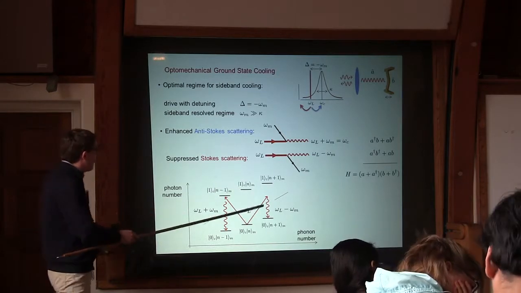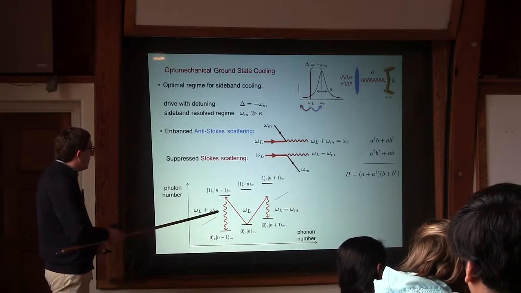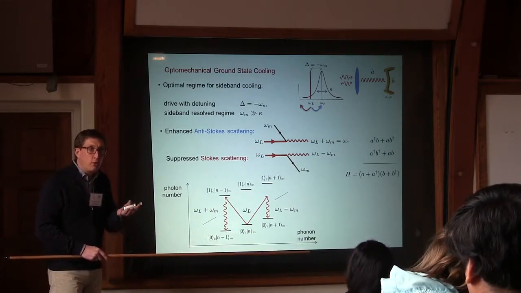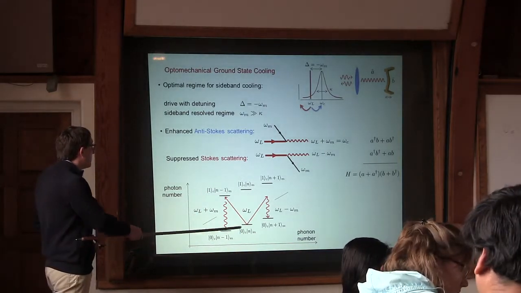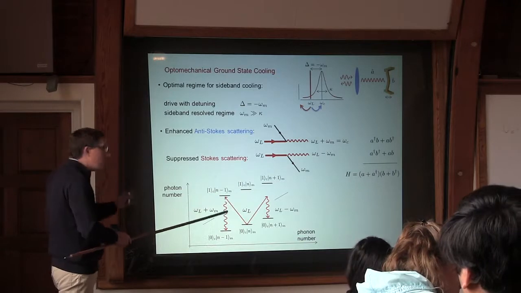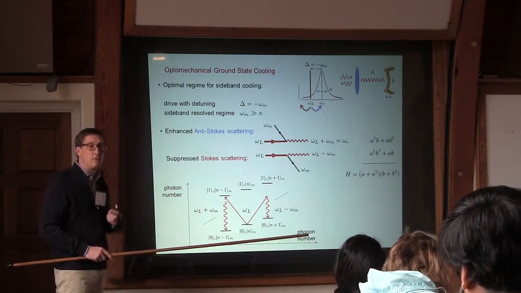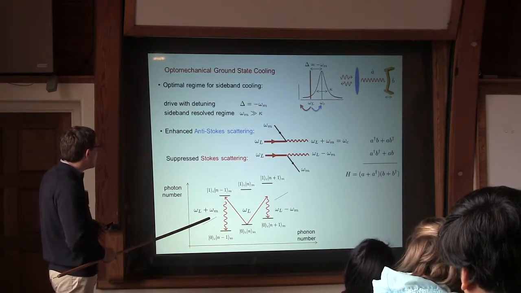And this level diagram really explains not only the cooling but also the quantum limitations. So this cooling of course has certain quantum limitations, and this can be understood on the basis of this level diagram, and it is the very same story as for two-level systems in ion traps via sideband cooling.